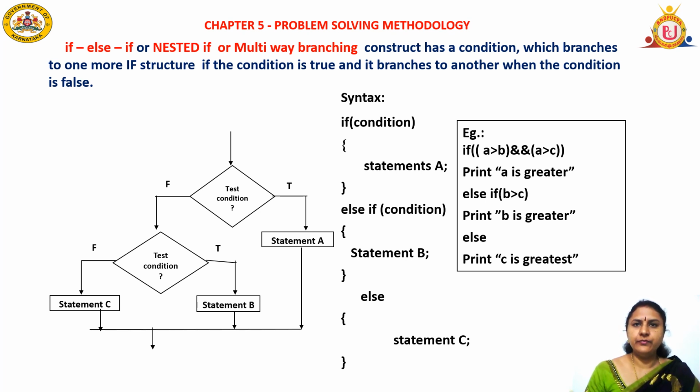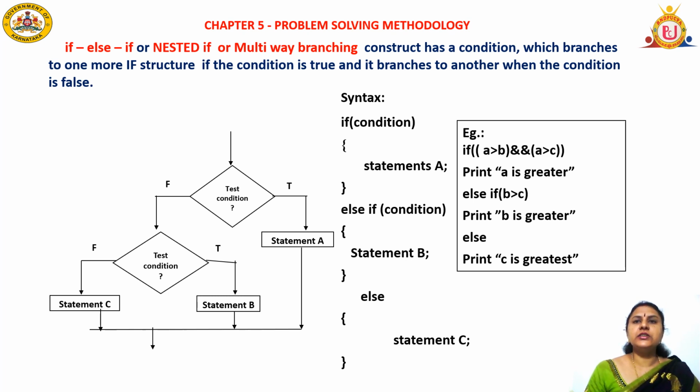If the condition is true, statement A will be executed. False means it will come to one more condition. Next, it will execute statement B. If the second condition is false, it will come to the else part and it will print statement C.